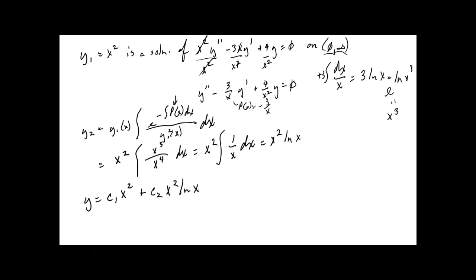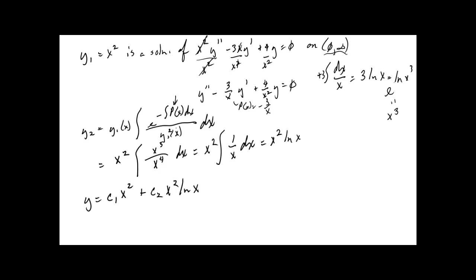Now, notice in neither integral have we done a plus c, even though they're indefinite integrals. One reason you can think of for doing that is that we're just coming up with the functions. y1 we were given, y2 we just got, x squared log x. Now put our arbitrary constants in front of those.